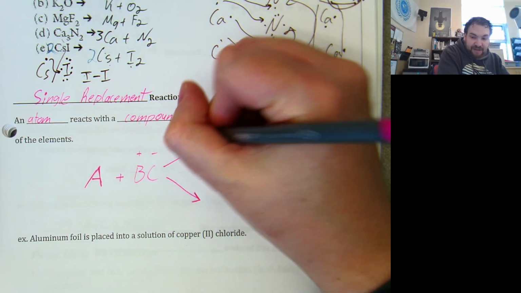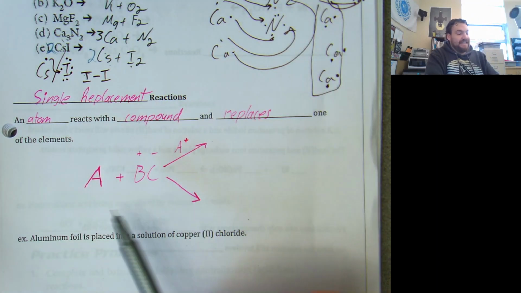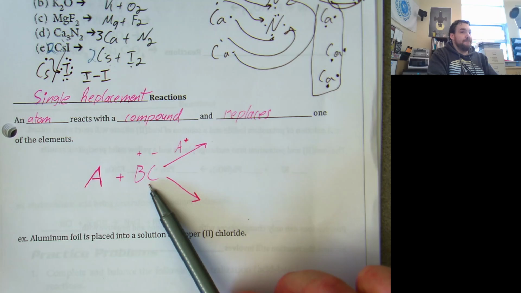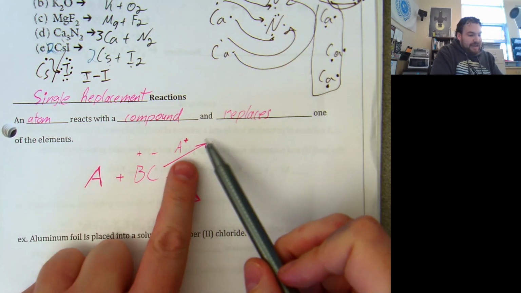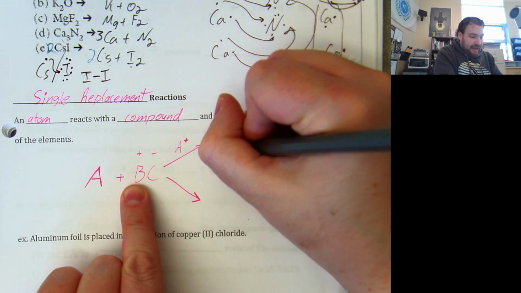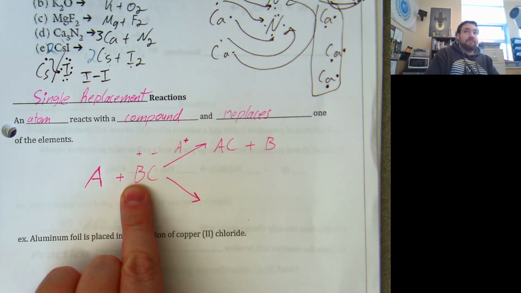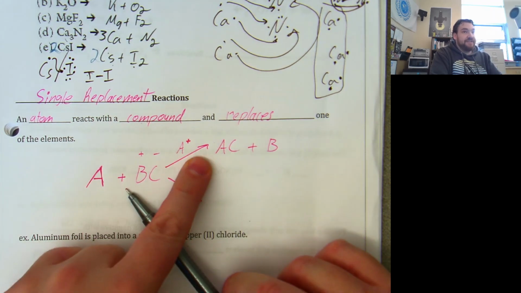If A is positive, what is A going to replace in this compound? If it replaced C, you'd have two positives together. It's going to replace B. So if A is positive, B is getting replaced. You're going to get AC plus B. The same sign is going to change places.